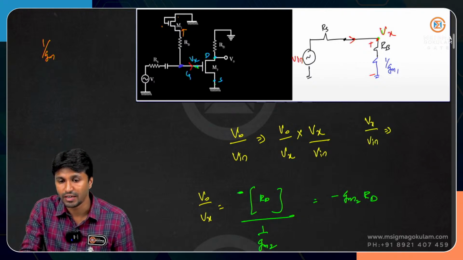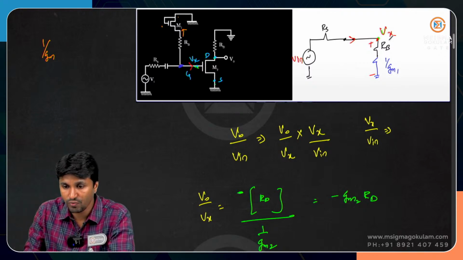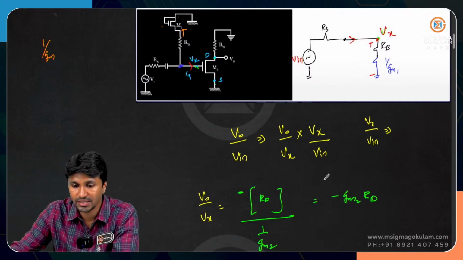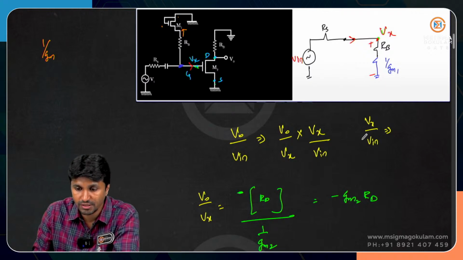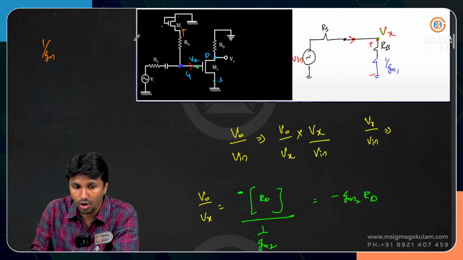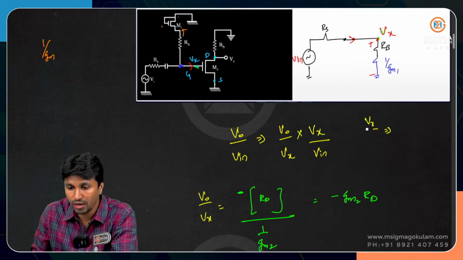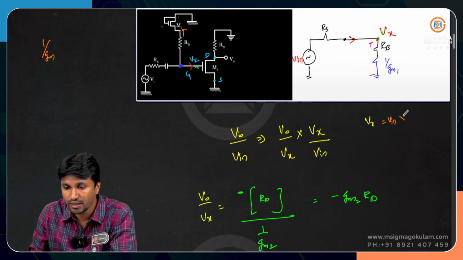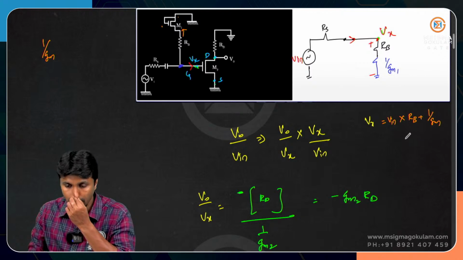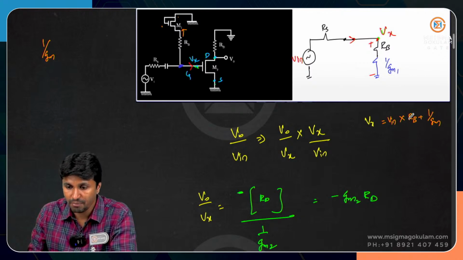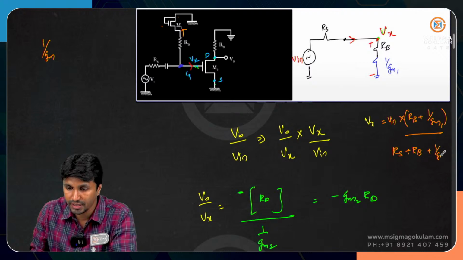Vx is equal to total voltage Vin into Rb plus 1 by Gm1, divided by Rs plus Rb plus 1 by Gm1.